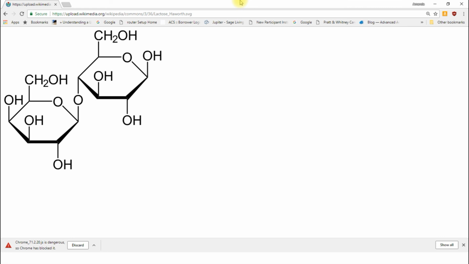So the next time you're at the grocery store, I dare you to compare non-fat milk and whole milk and see which one has more carbohydrate in it. Spoiler alert, it's going to be the non-fat milk. It always is. The same thing for your yogurt, all your dairy products. So that's a fascinating bit of nutritional history. At any rate, here's lactose. This is the sugar that's in milk.